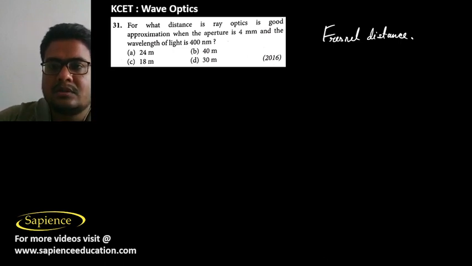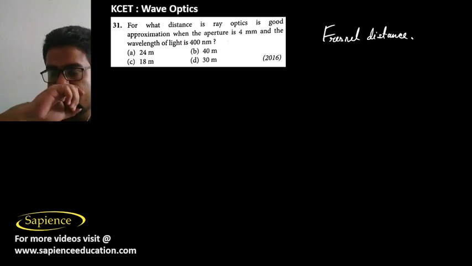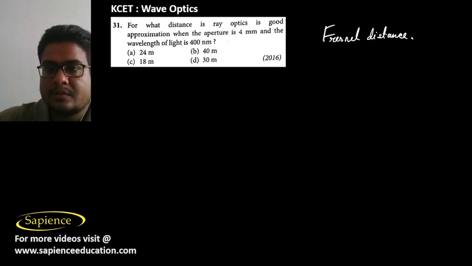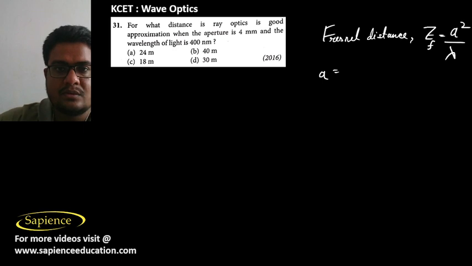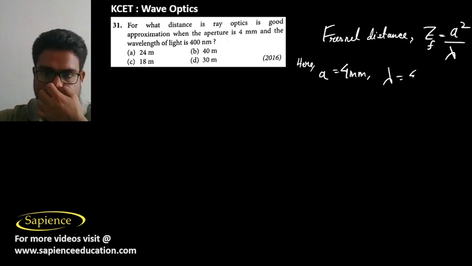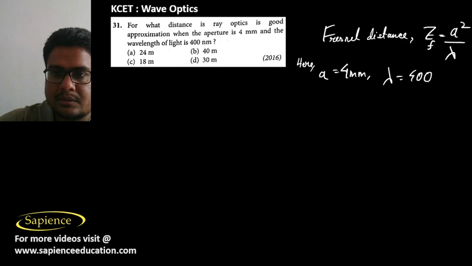So the Fresnel distance, that is called ZF, that is given as a square by lambda, where a is the width of the aperture. So here a is 4 millimeter and the wavelength of the light used is 400 nanometer.